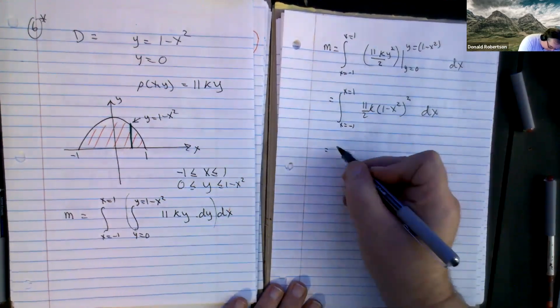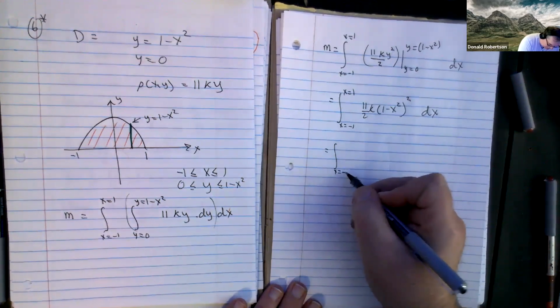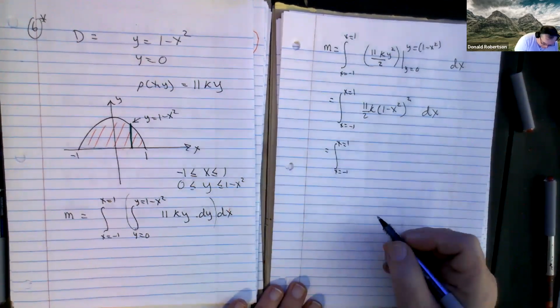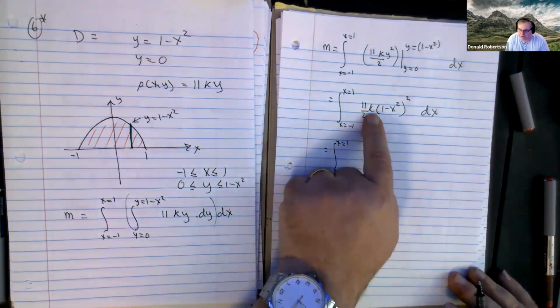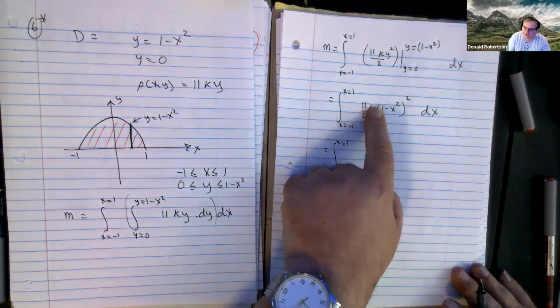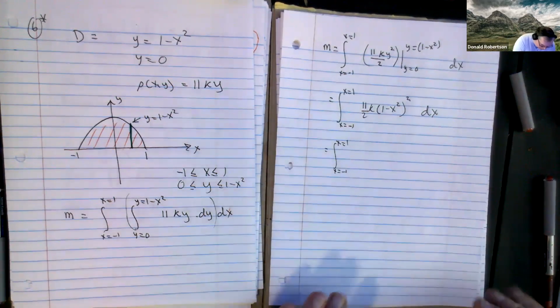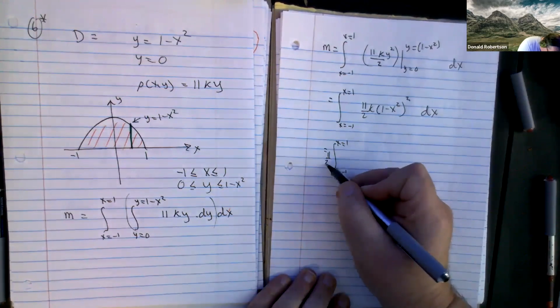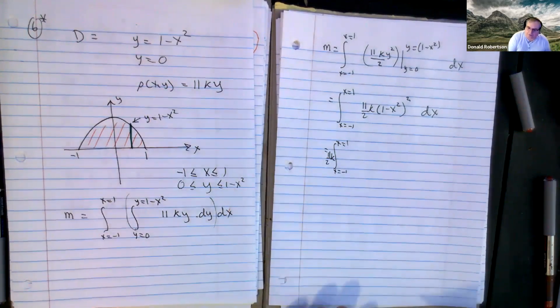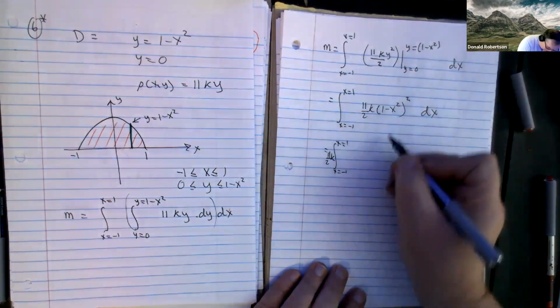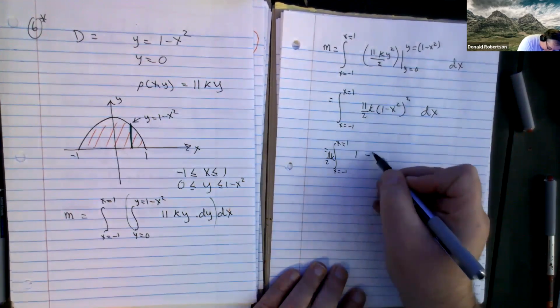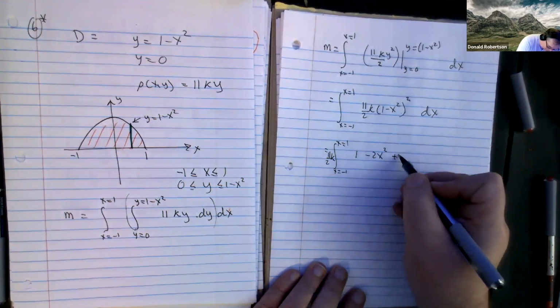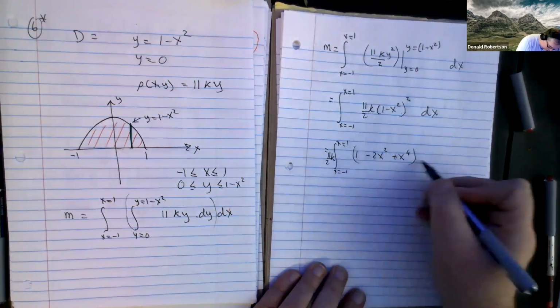Now this integral needs to be fixed. Here's a little trick for you. If you have constants that are a pain in the butt and getting in the way, you can bring them outside the integral as long as they're numbers and just focus on that guy. And if I FOIL this guy out, I get that guy.